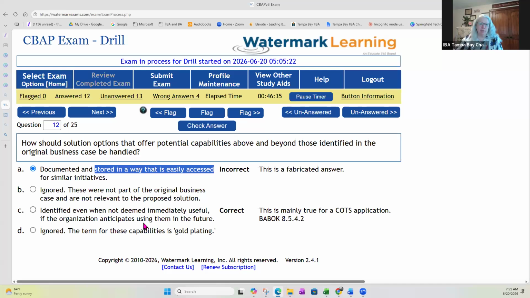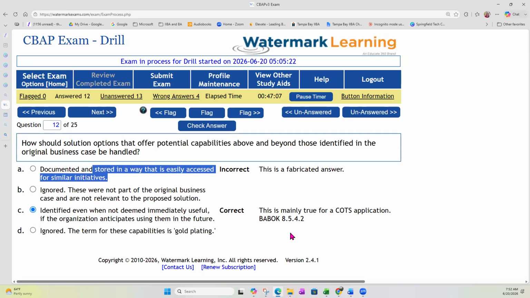This is one of that 10% that you just have to know how the BABOK explains it to be able to know what to do according to the BABOK. So both of these, identified and documented, are the same thing, but this one goes into what to do with it afterwards. And this seems kind of cheesy because it's like, well, why is it that different? But this is what the BABOK talks about. And I love the way that Jose said it, that might be a good thing to remember it that way.